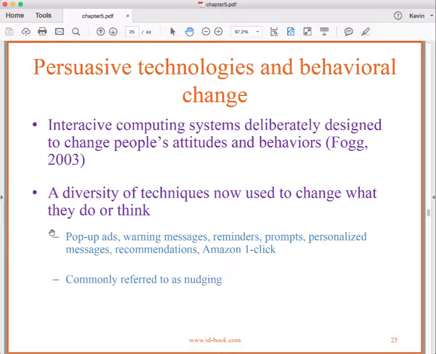And this is just one case of one of these interactive computing systems that's deliberately designed to change attitudes and behaviors. The idea here is that I should be able to increase my activity or improve my training based upon the application.